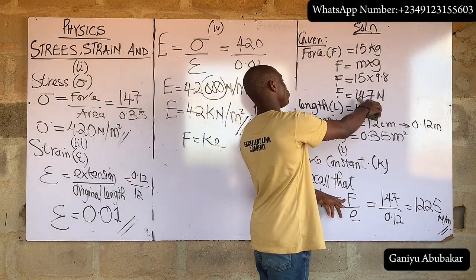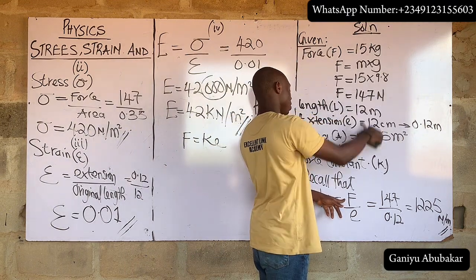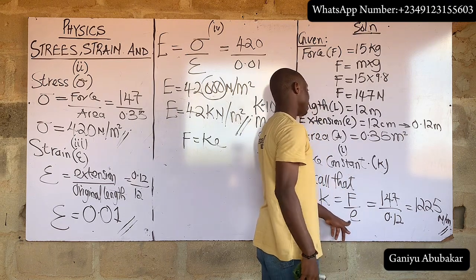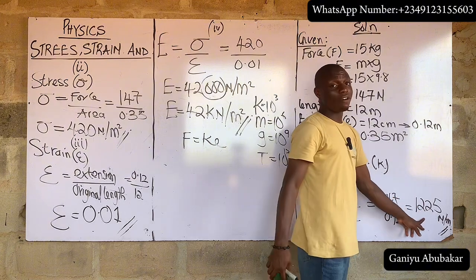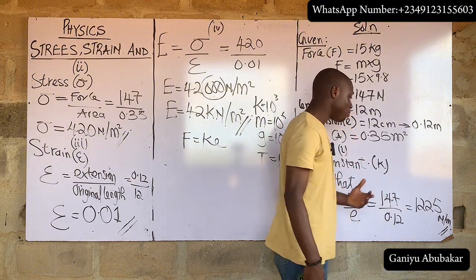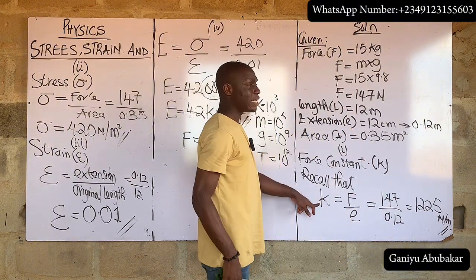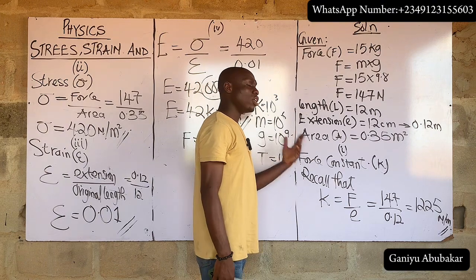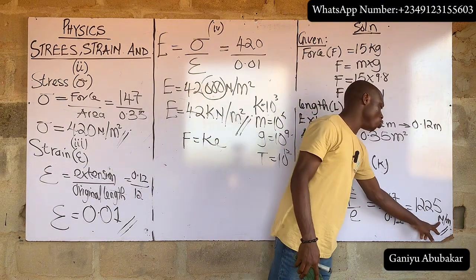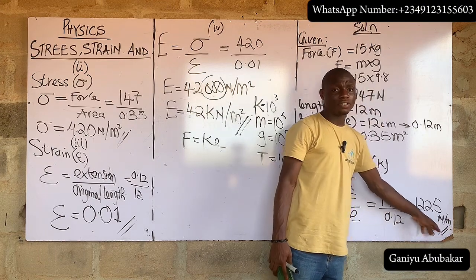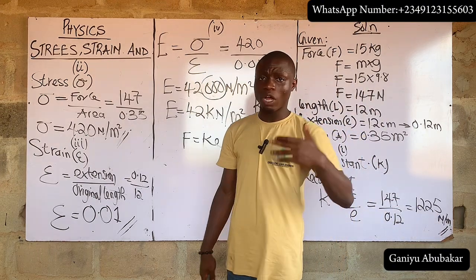Of course, your force is 147, over E, the extension, being 0.12. Divide these two, I'll have this as my answer. Note that K, last slide we said, is measured in Newton per meter. So I have Newton per meter as my unit here. So that's my very first question.